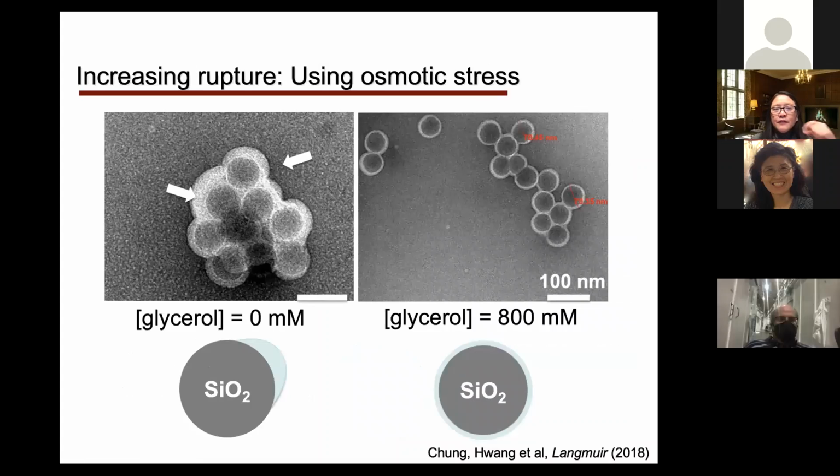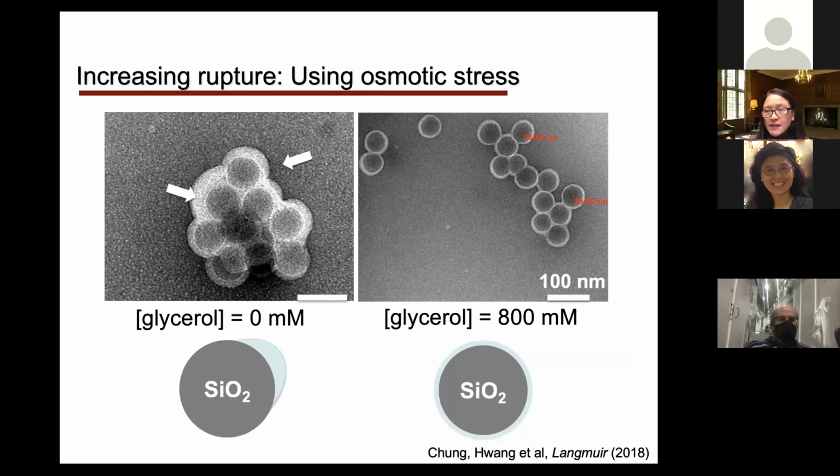However, the fact that it adhered to the surface doesn't mean that it would break open. It is clearly seen in the previous picture as well as this one that they would adhere, but they would also interact with the other particles, forming an aggregate, which is not what we want.